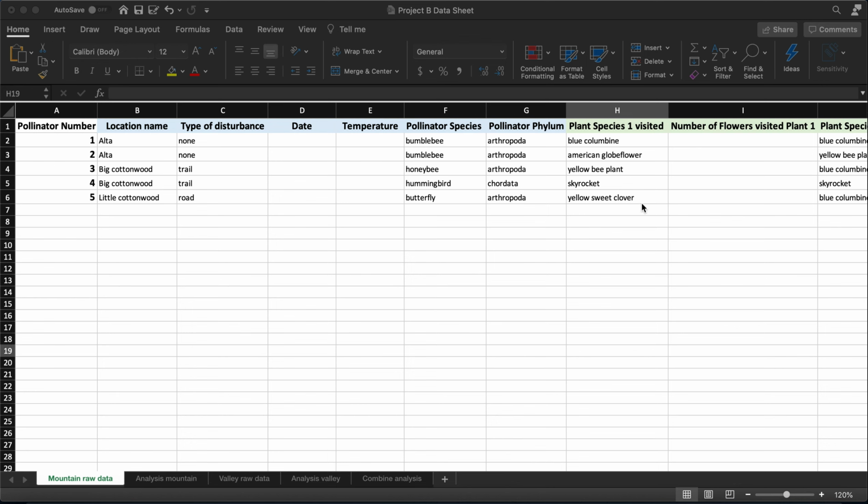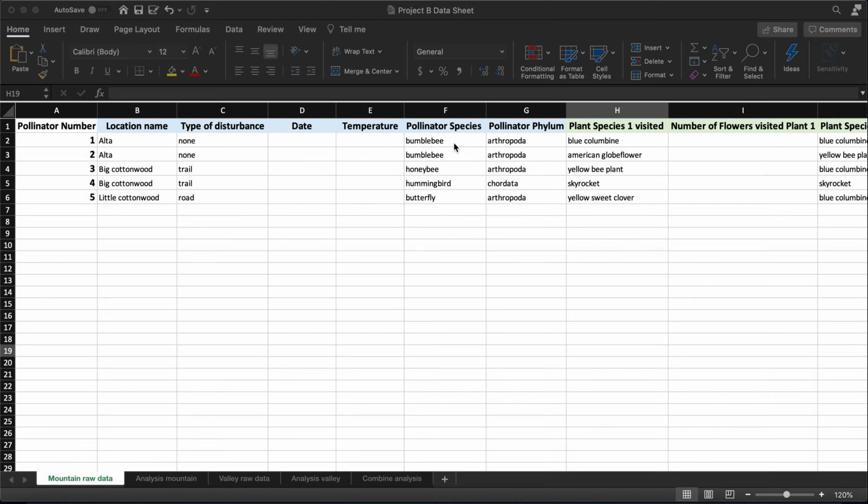This here, what I'm gonna show you now, is the important part. So for mountain raw data and these 5 pollinators that you saw as an example, the first one here was a bumblebee. You do not need to identify this to the species level, because there are actually many different bumblebee species, but if you recognize that for sure it is a bumblebee, then you can identify this as a bumblebee.